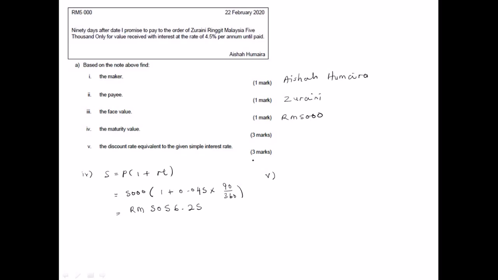Number 5. The discount rate equivalent to the given simple interest rate. This one we can use a formula. Okay, wait, I need to check the formula.